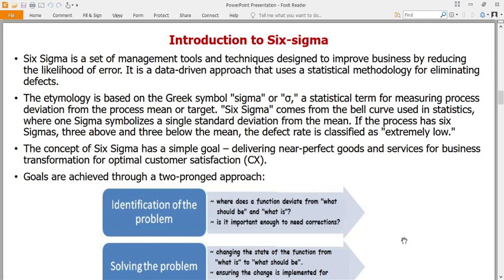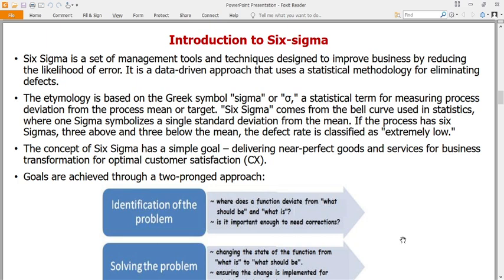So that leads us to the Six Sigma. So from our statistics, remember sigma is a Greek letter that means deviation. So in this, we are going to basically be looking at how deviated the company might be from what it should be.